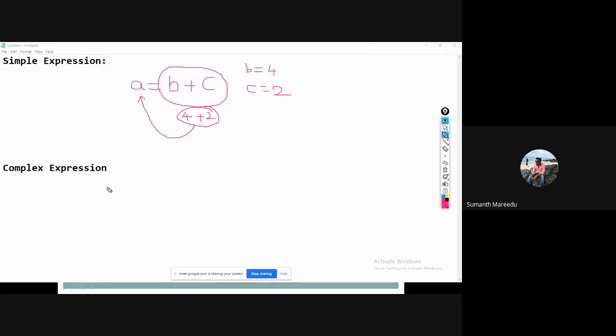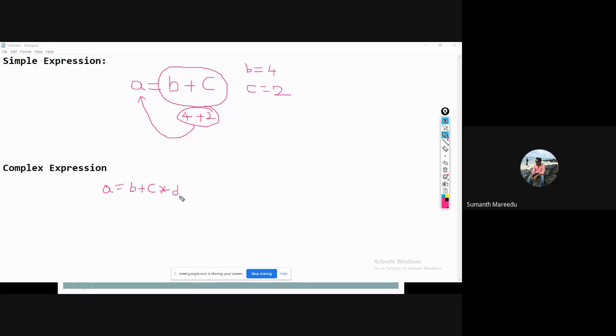If I have an expression like A is equal to B plus C, and so on with more operators, this expression is called a complex expression. Any number of operators, I don't mind, that is a complex expression. Okay, so you got simple expression and complex expression.